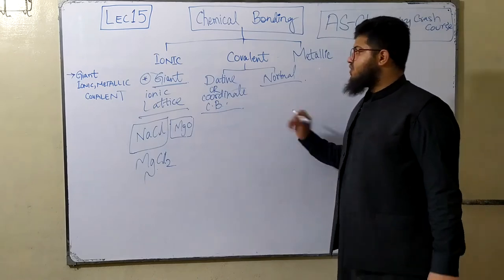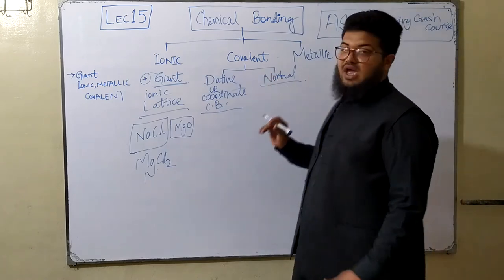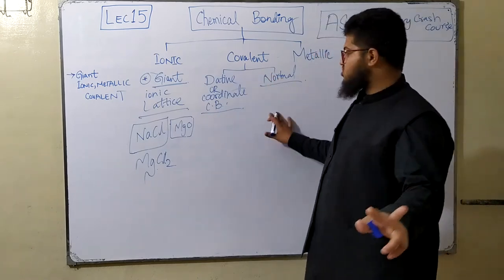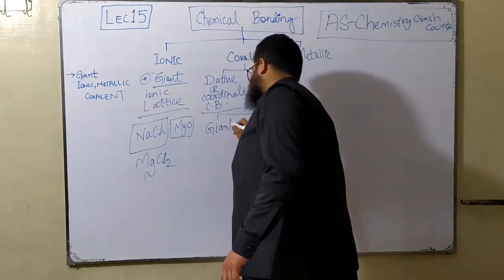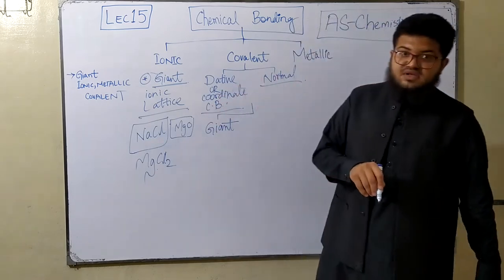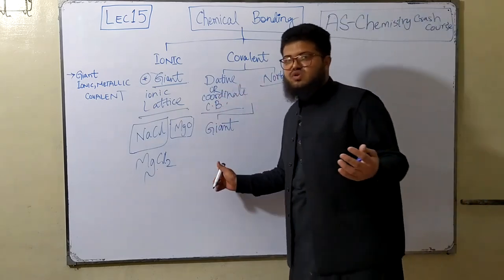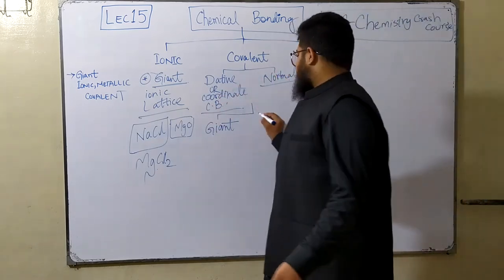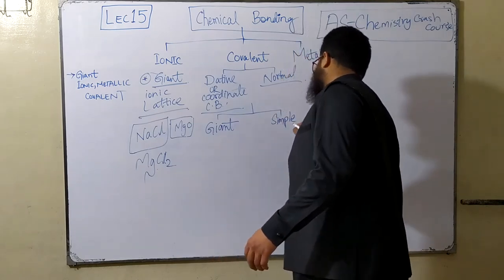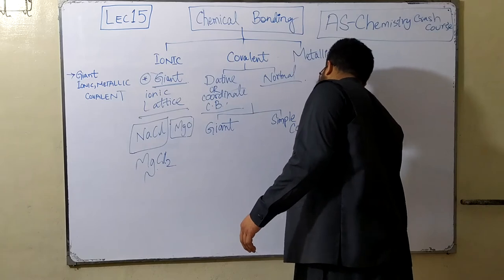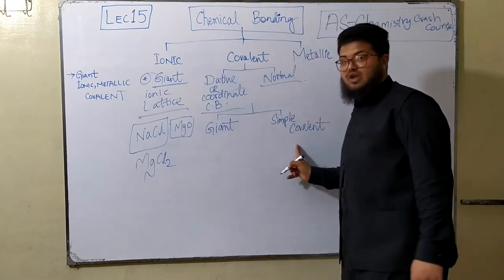Now coming to covalent compounds. Covalent compounds can contain two types of structures. They can either be giant covalent structures, like the ones which you have already done in your O levels, in addition to a few extra ones which we'll be doing here, or they can be simple covalent compounds, also known as simple molecular compounds.